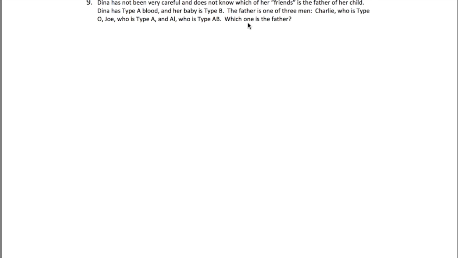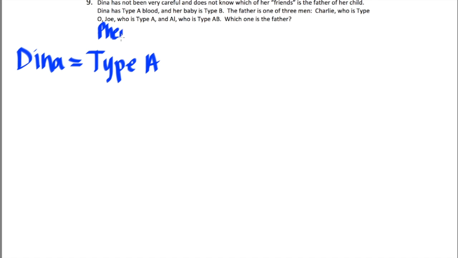So in order to start this problem, what I'd really kind of do is probably set up some sort of table just to kind of figure out where to start. So we know, okay, we know she's type A. This is her phenotype, all right? So let's go ahead and write that up here. Phenotype.